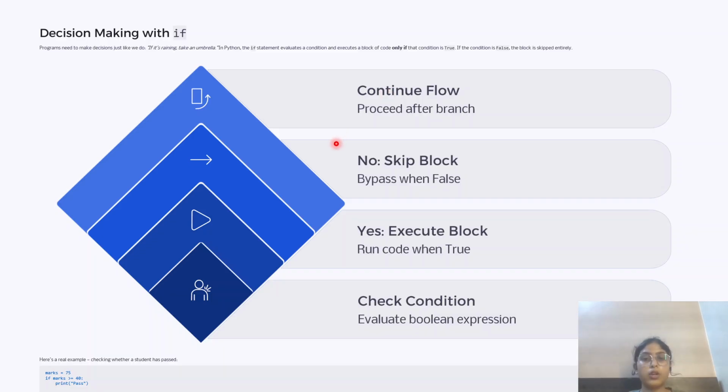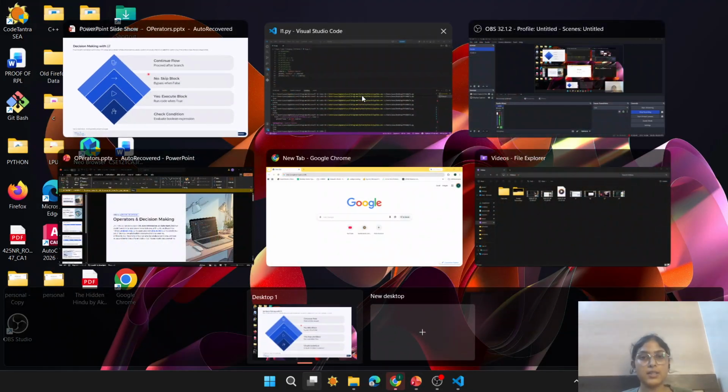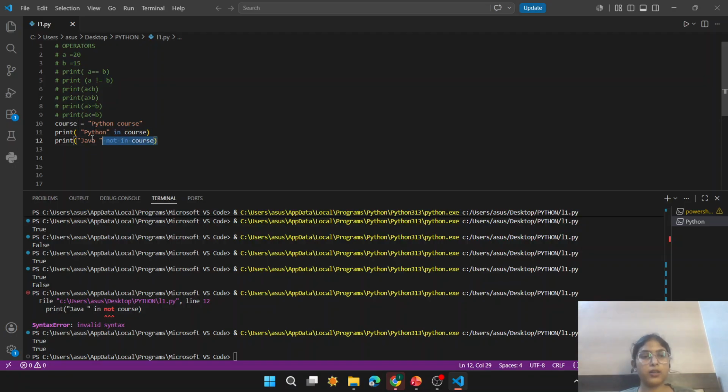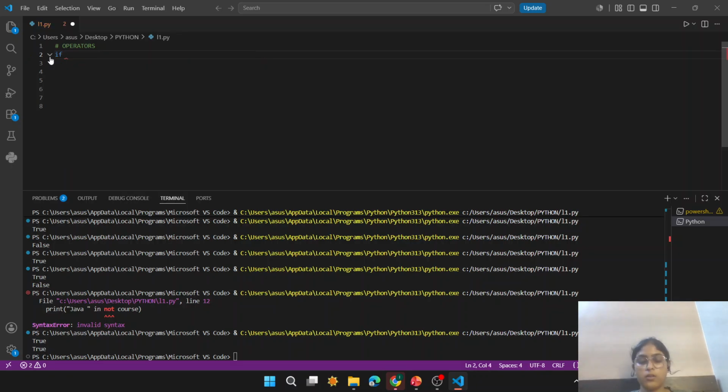The basic syntax is simple: if, whatever condition you put, then a colon, and whatever statement you will write.